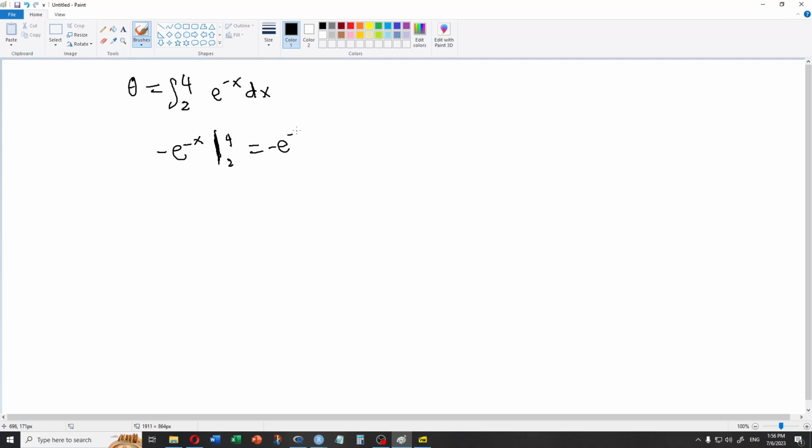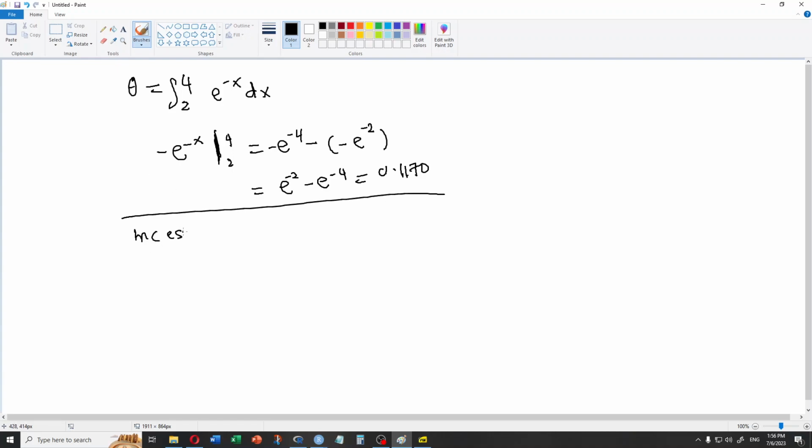Or you can just put it the other way around, which I think would be easier, which is the exponents of negative 2 minus the exponents of negative 4, and then if you use R or your calculator, the value that you're going to get is 0.1170. So again, this is by integrations.